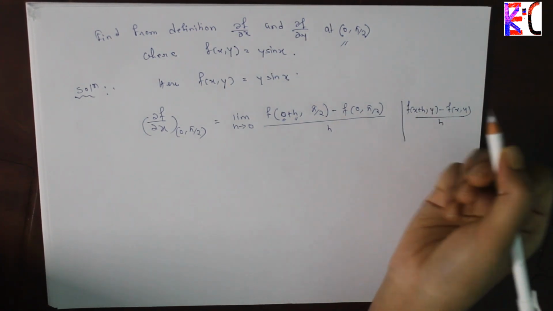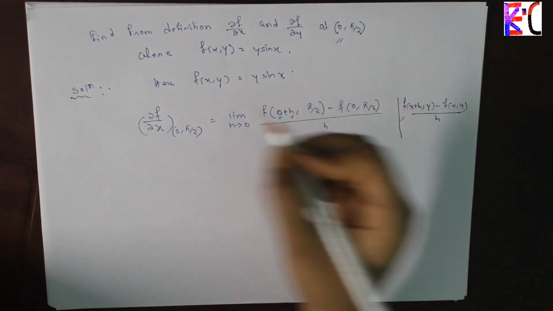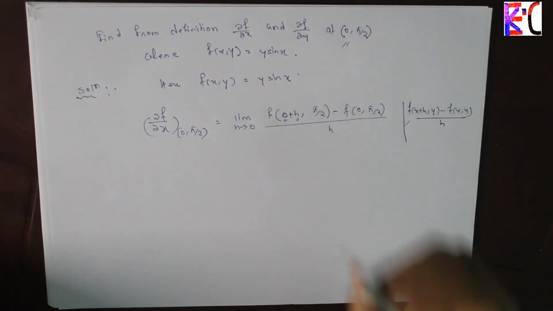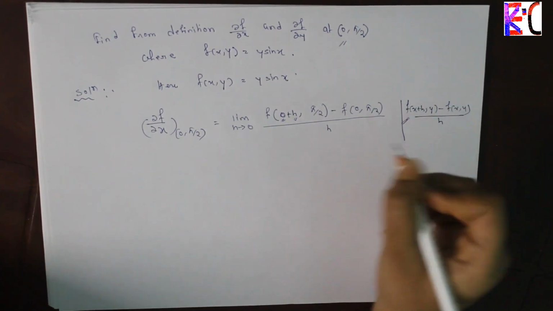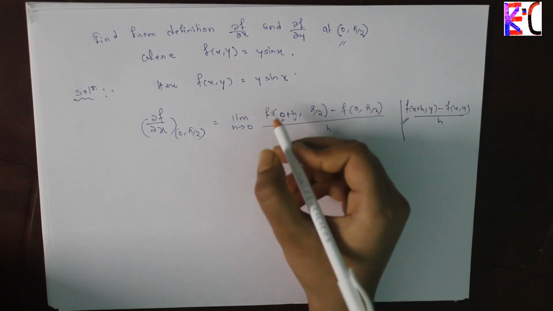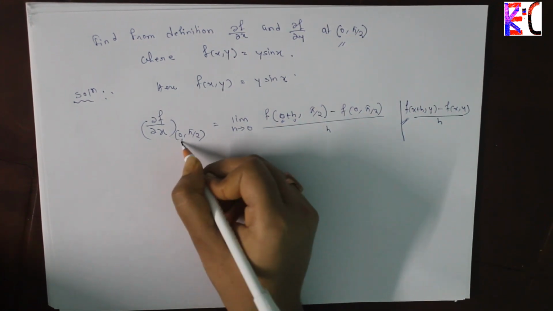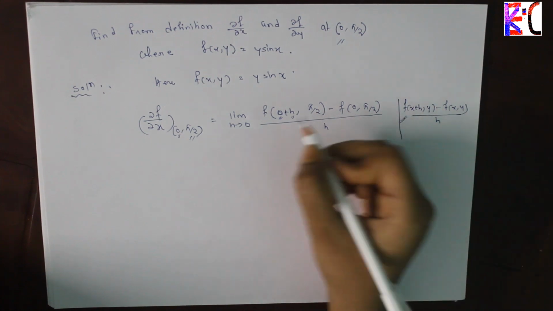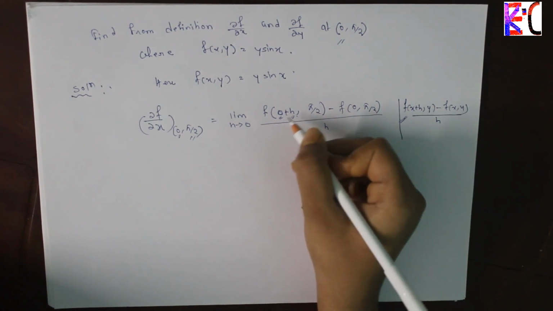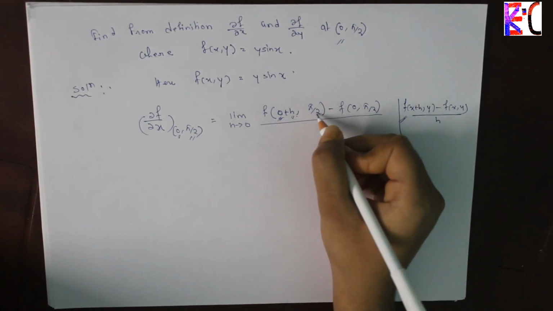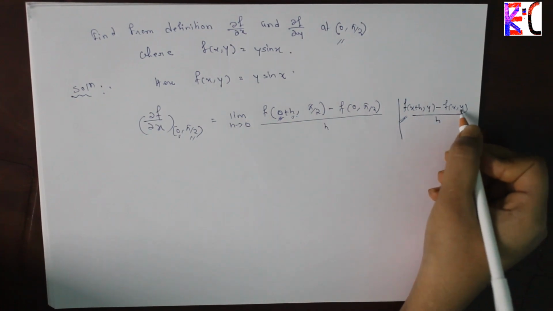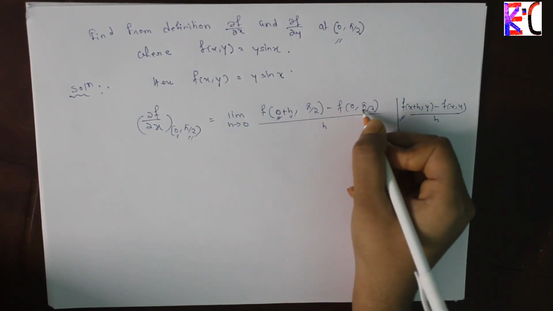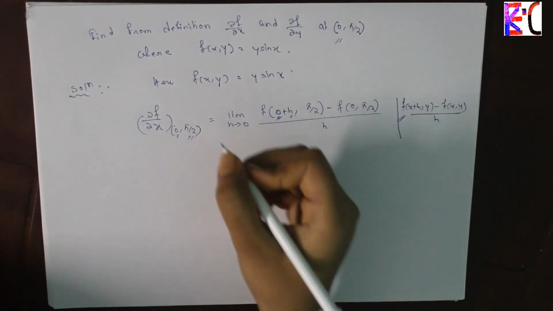Comparing this formula with this, here x equals 0 and y equals pi by 2. Then x plus h, with x equal to 0 and y equal to pi by 2, and f of x, y is f of 0 comma pi by 2, by h.